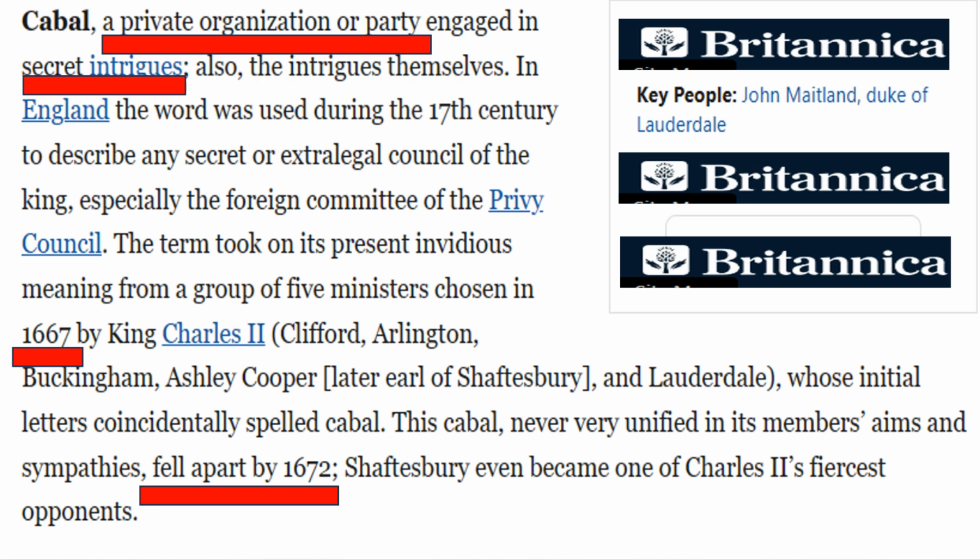It's not an abbreviation of anything. Now, there's an offering that this whole thing fell apart in 1672. But if you've got some secret intrigues going on and a secret private organization going on, we don't really know when it came into being or when it actually ended, if it ever actually ended.